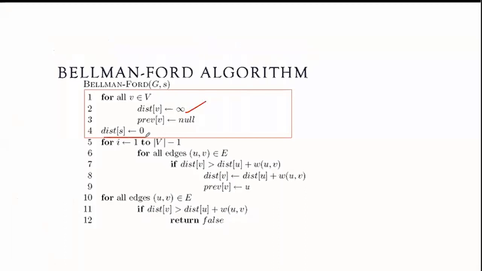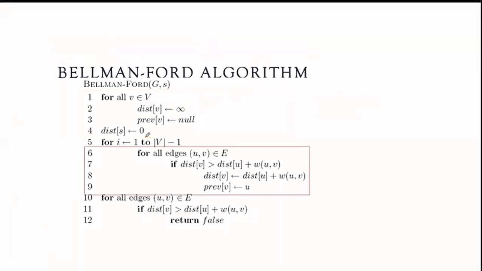First, for source to source, we initialize that distance to zero. Next there is a for loop, for 1 to the number of vertices minus 1. So this for loop will be executed. If there are four vertices, it will be executed three times. The for loop will be executed n minus 1 times.